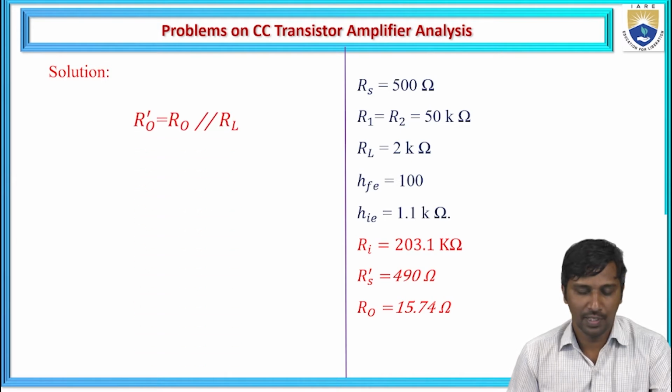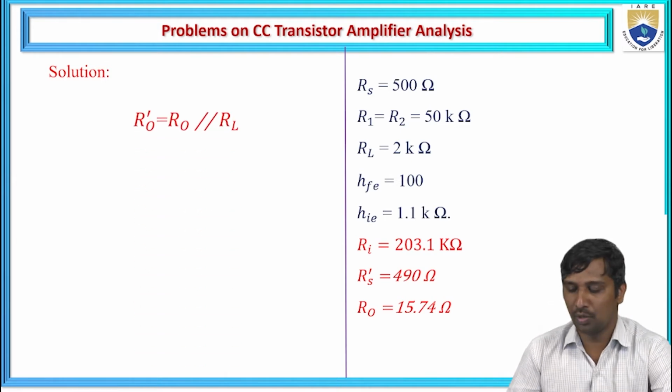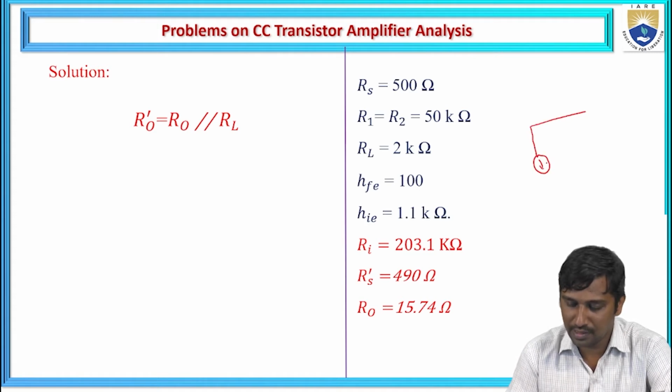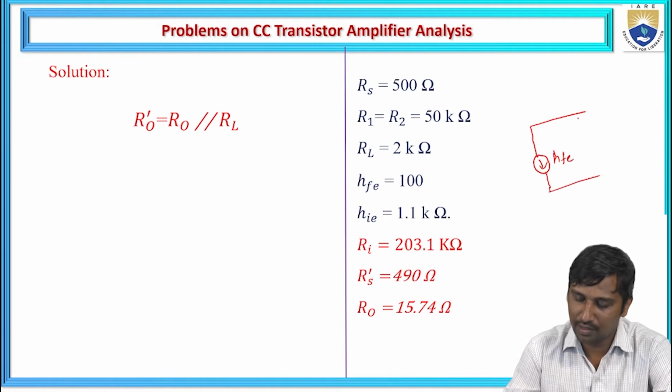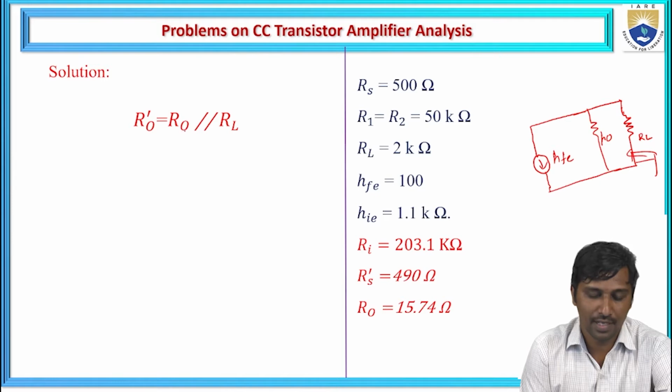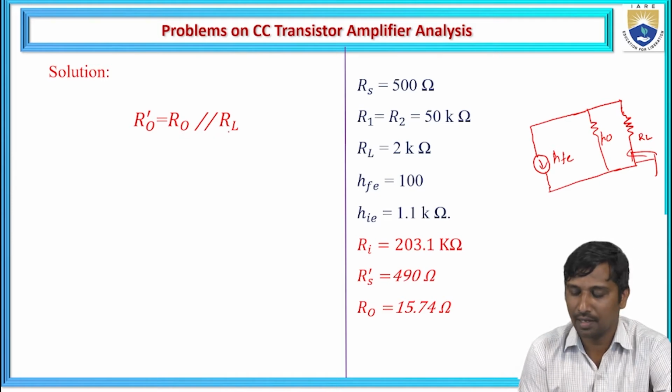Now similarly, we need to calculate this R0 with respect to the load side. If we observe the output port, it contains HFE times the input current, then the output impedance HO, also represented as R0. Then externally we connected a load resistance RL. So to identify the total output impedance, it should be defined as R0 in parallel with RL.